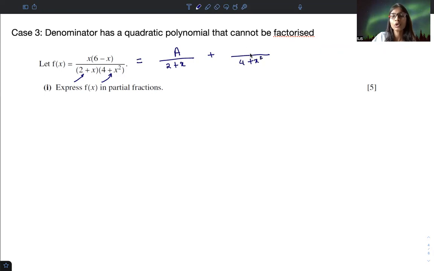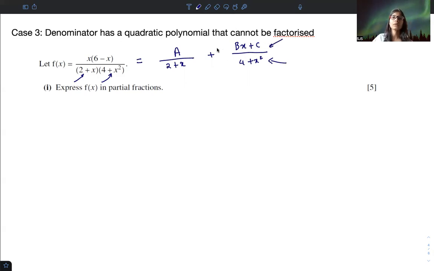So the numerator for this is going to be 1 degree less, which means it will be linear. So a linear polynomial can be written as bx plus c. So this is quadratic, has a degree 2, and this is linear, 1 degree less, so has a degree 1.